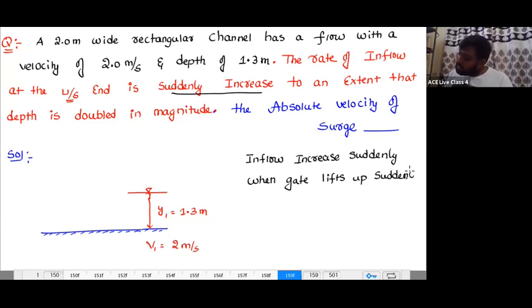When the gate is lifted up suddenly, on the upstream side, initially this is y1, so everywhere the water level is going to be like this. Now we are going to raise this gate on the upstream side.